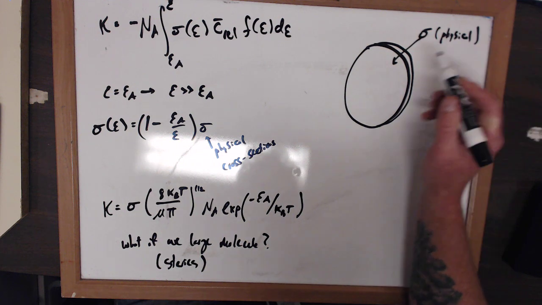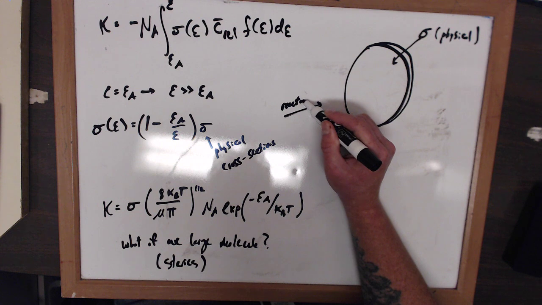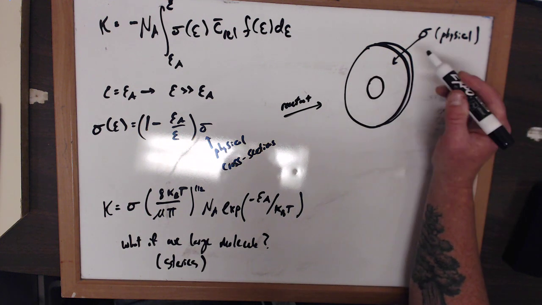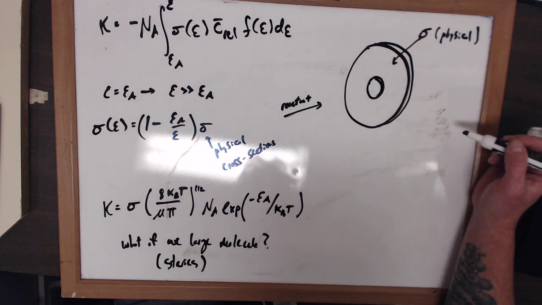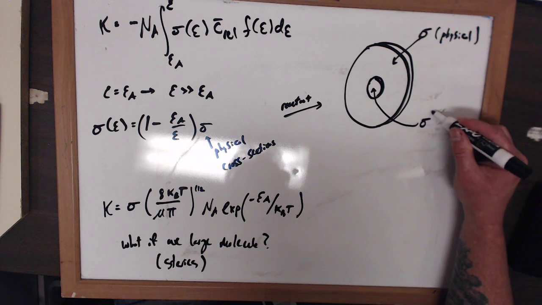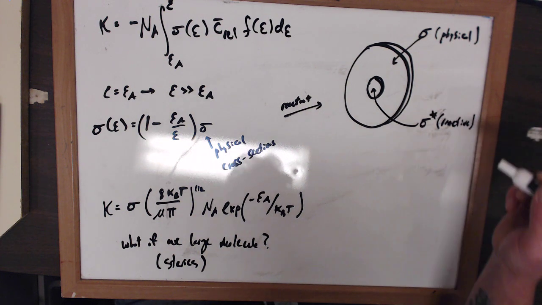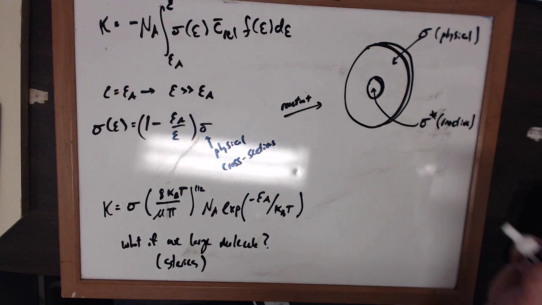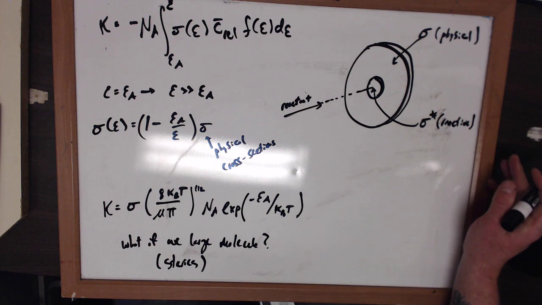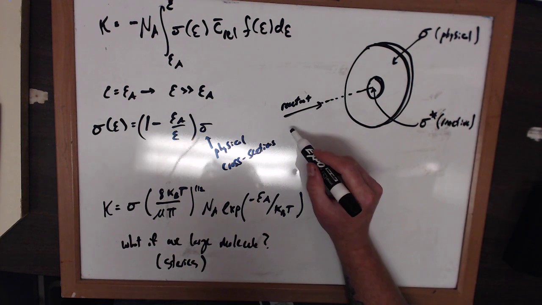Well, as a reactant approaches this thing for collision, we might find that there's only some sweet spot. I'm going to define this as sigma star, which is really my reactive cross-section. That's the sweet spot. A molecule would have to collide with that spot directly to lead to reaction.